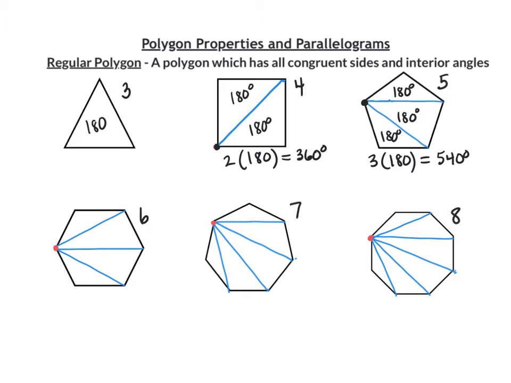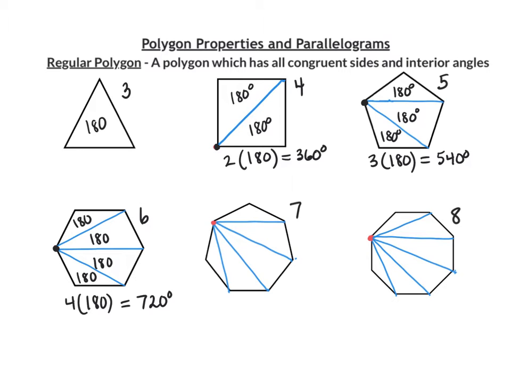For my hexagon, I pick a vertex and I draw in all the diagonals. There's 180, 180, 180, and another 180. And the sum of all those inside angles is the sum of the angles in the triangles. It ends up being 4 times 180, which happens to be 720 degrees.